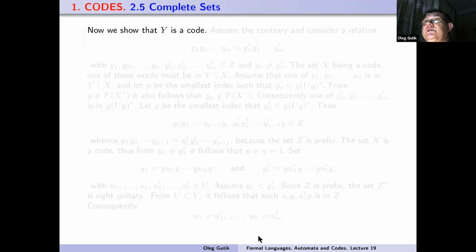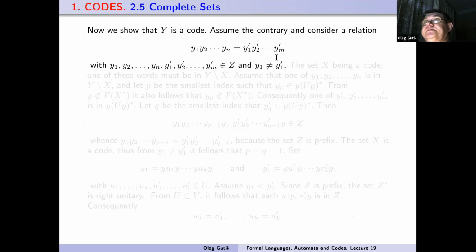Now we show that the set Y is a code. Assume the contrary and consider the relation y1, y2, and so on, yn is equal to y1 prime, y2 prime, and so on, ym prime, with yi and yj prime belonging to the set Z and y1 not equal to y1 prime.